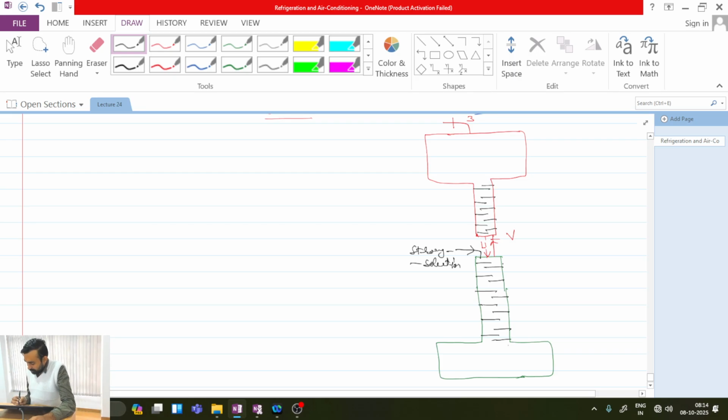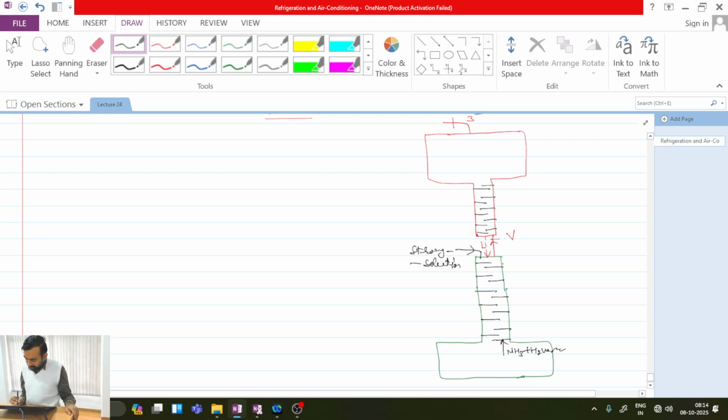So this strong solution, and from here pure ammonia plus water vapor will be moving in the upward direction. The purpose of this additional column is that we are reducing some load on the generator, and this will further help in the ammonia enrichment process as well.